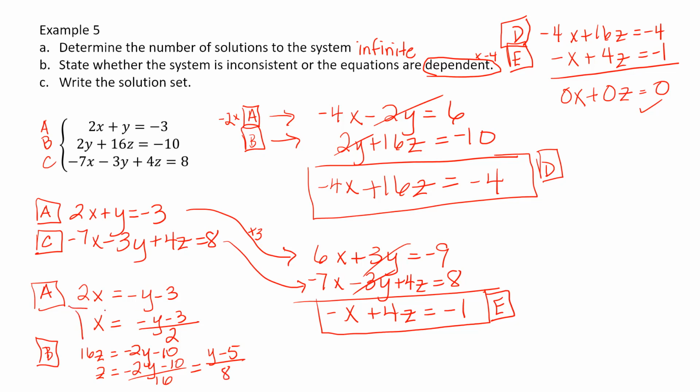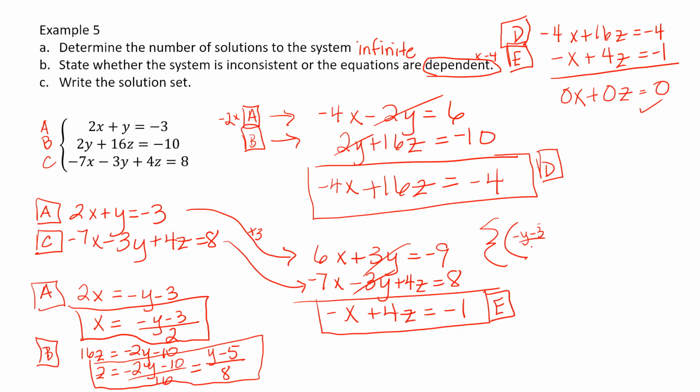Okay, so now I know how x relates to y and how z relates to y. So now I can actually write the solution set showing a little more information than just saying x, y, and z are real numbers, because I know how they depend on each other now. I would write the coordinate triple as, for x, negative y minus 3 over 2.